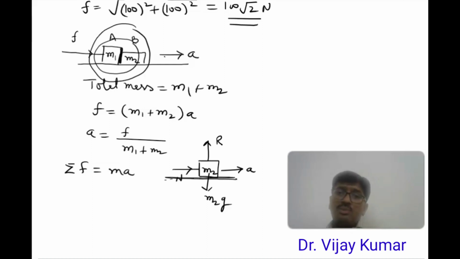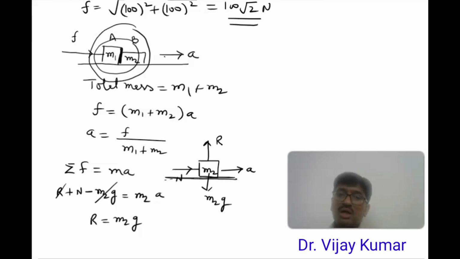So sigma F is R plus N minus m2g equal to m2a, and R is balanced by m2g.